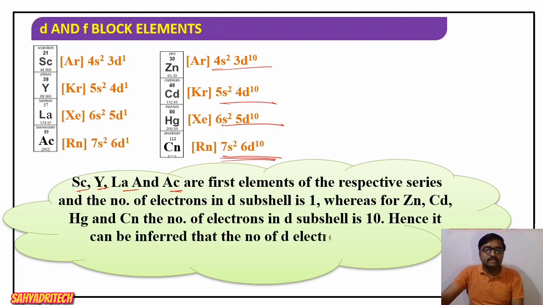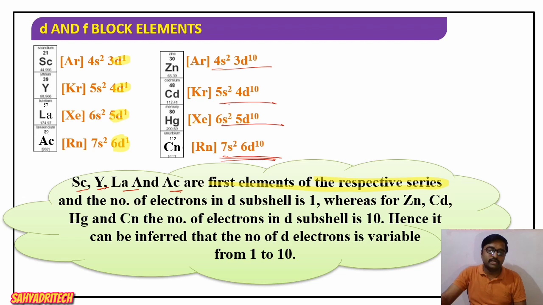When you look at the electronic configuration of the starting and ending elements, the starting elements scandium, yttrium, lanthanum and actinium are the first elements of their respective series. How many electrons are present in the d subshell in all these? There is one electron. Similarly, in the d orbitals of the ending elements, how many electrons are present?